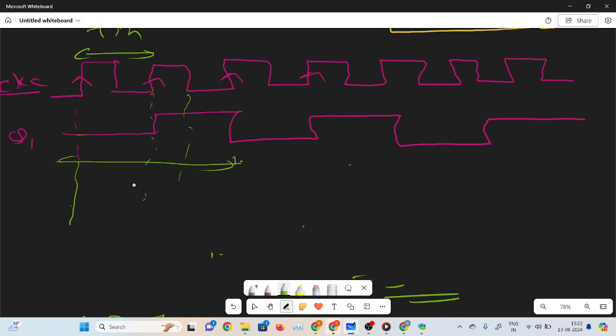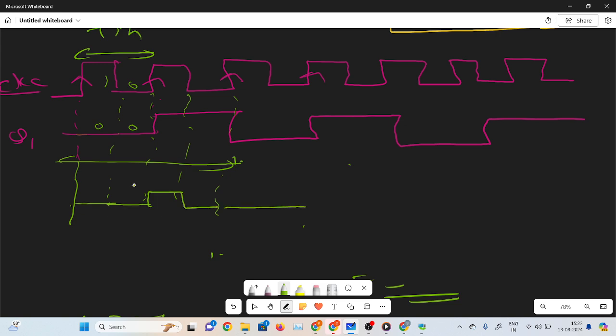This waveform has a total of four parts: one, two, three, four. If we multiply zero and one, that is 0, and this is also 0. But in this part, 1 and 1, so it will be logic 1, and then again it will be 0.